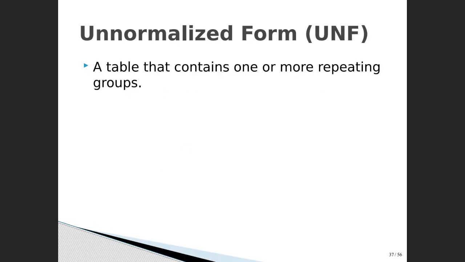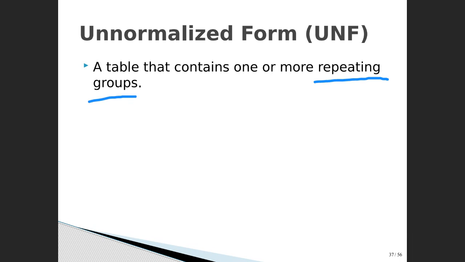Now, the relation in its unnormalized form is a table that contains one or more repeating groups. So the main goal here, if we want to convert the unnormalized form relation into the first normal form, is that we need to remove repeating groups.